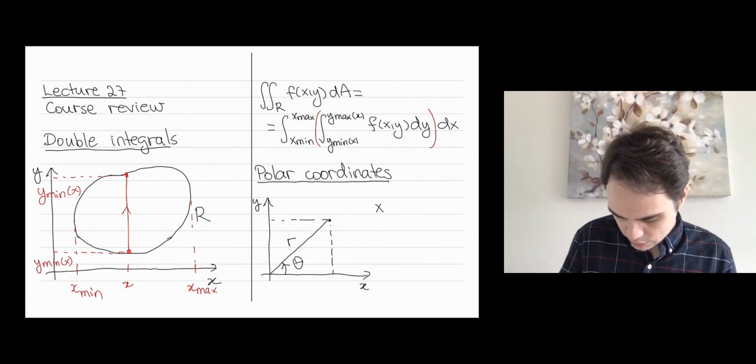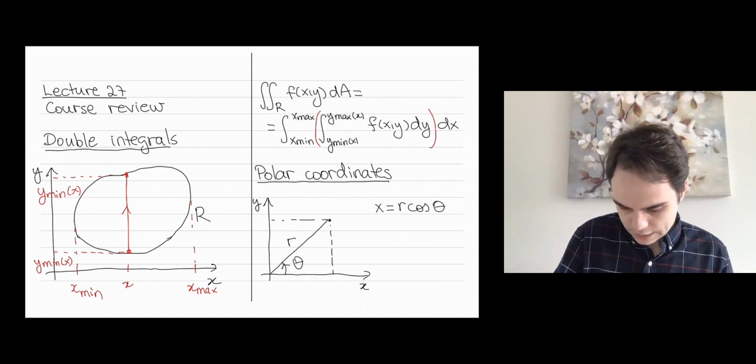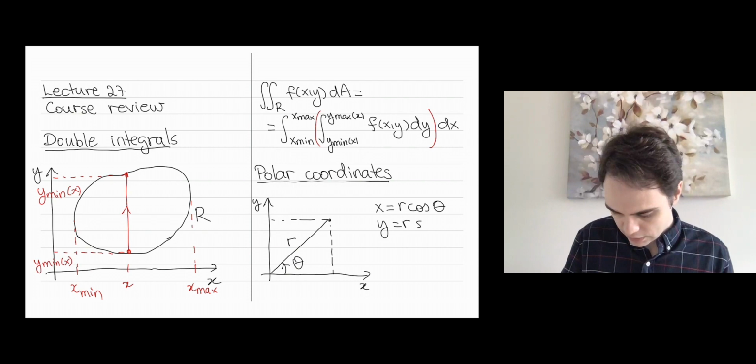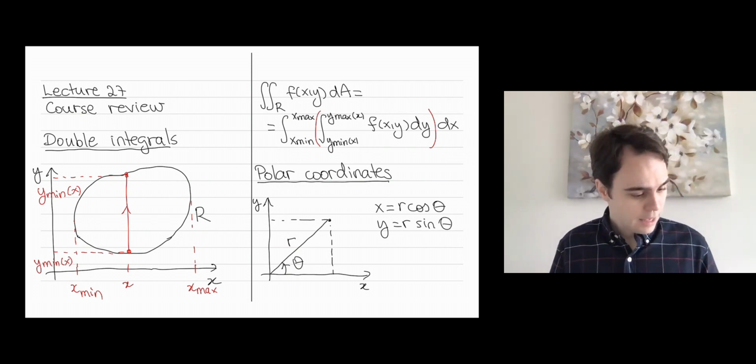So x in terms of polar coordinates is r times cosine theta, right? It's this part over here. And y is r sine theta.